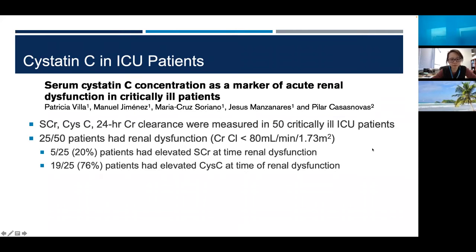And then when they looked at these patients' cystatin C versus serum creatinine level, they saw that only 20% of the patients had an elevated serum creatinine at the time of renal dysfunction that's defined by the urinary creatinine clearance, whereas more than 3/4 of the patients had an elevated cystatin C at the time of renal dysfunction detection. So in another way, this study suggests that cystatin C may be a more sensitive marker to detect acute kidney injury in critically ill ICU patients.